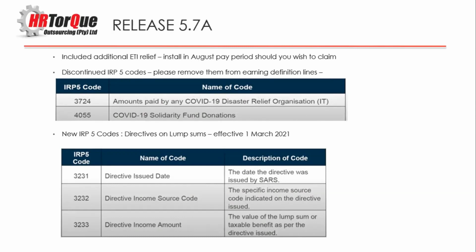There are now 3 new codes that are going to affect how you record it on the file. The update has brought this into play, but you still need to make small changes for anybody that has received tax directives from March to August, as the system doesn't have the capacity or the ability to automatically update this because it requires additional information.